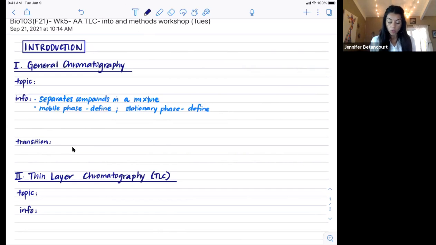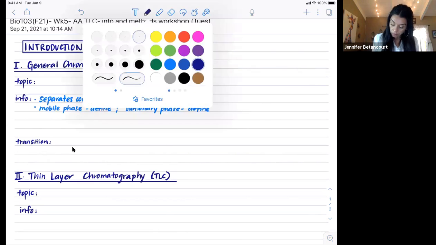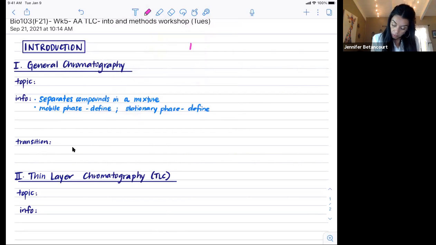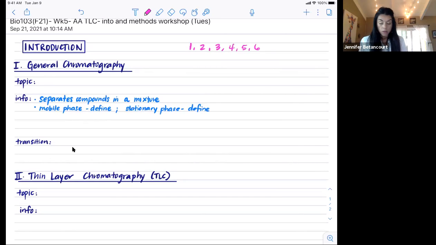So for general chromatography, there were 6 breakout rooms. This first one is for everyone because this is basically the first sentence of your entire lab report. So what is the topic sentence that you would use for a paragraph about general chromatography? Please wait to press enter.